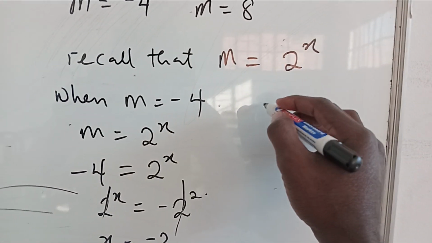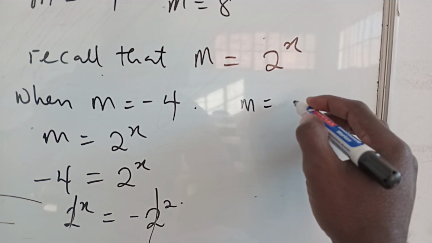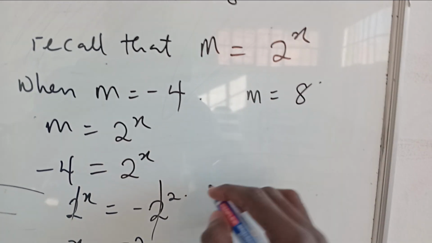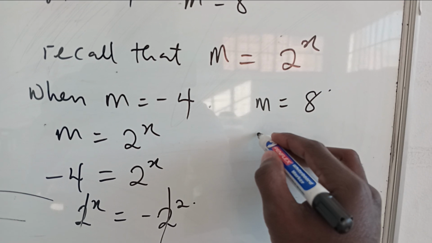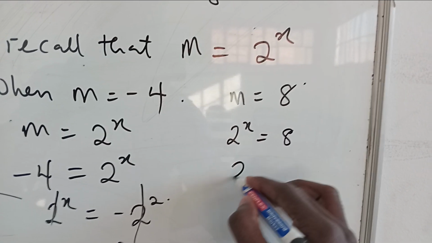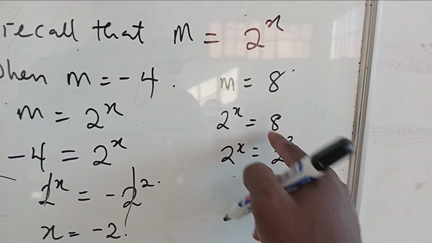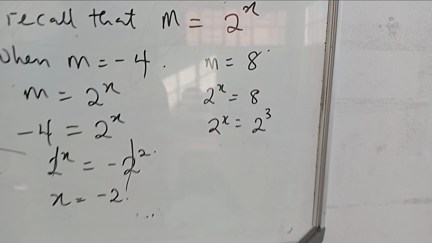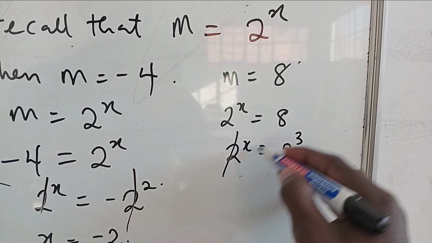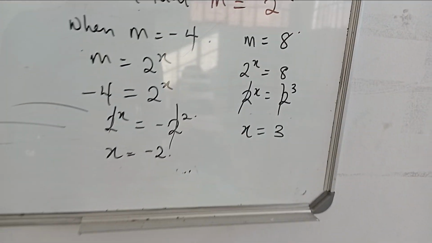For when m is equal to 8, I have my 2 raised to the power of x equals 8. My 2 raised to the power of x equals 2 raised to the power of 3 when you write it in an exponential form. So as you can see, 2 is common to both sides, so I have x equals 3.